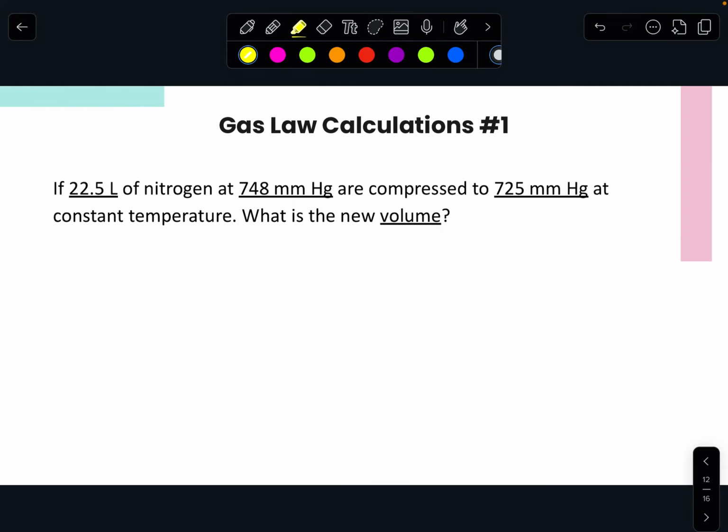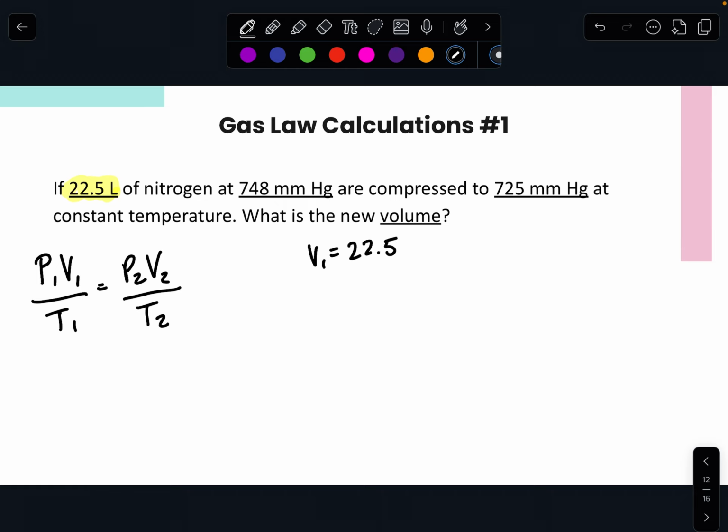Okay, so to get started, the first thing I'm going to do is just write down my formula. And then now I'm going to look through my question and see what I'm looking at. So first things first, I'm given 22.5 liters. I know that liters is a unit of volume, which basically means my first volume is 22.5.